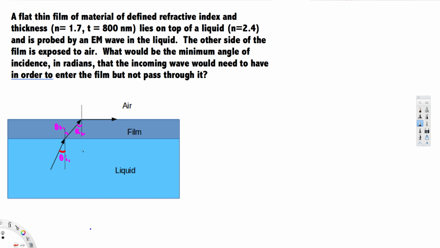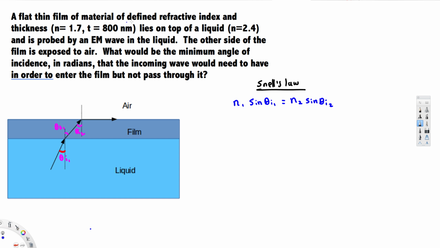First we are going to apply Snell's law for the first part. Snell's law says that n1 sine theta I1 is equal to n2 sine theta I2. Now let's look at the indices of refraction.